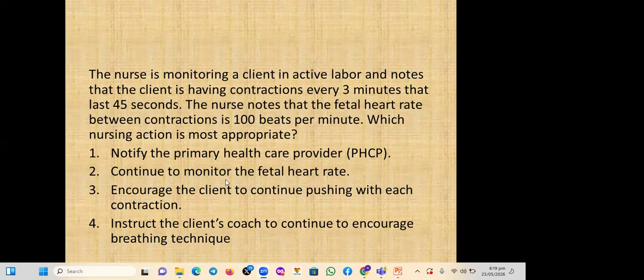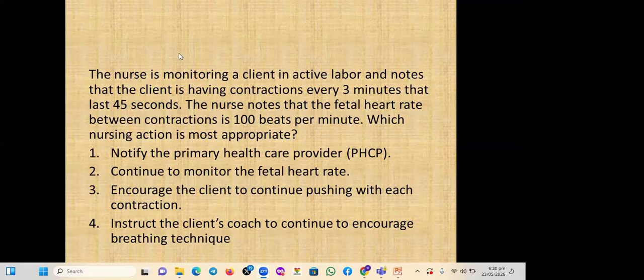Okay, Ophelia, your hand is up. Yes, please. For me, I chose 1 because the question says the fetal heart rate between contractions. So it is likely that it is late decel, because the fetal heart rate of 100 beats per minute is not recorded with the contraction.